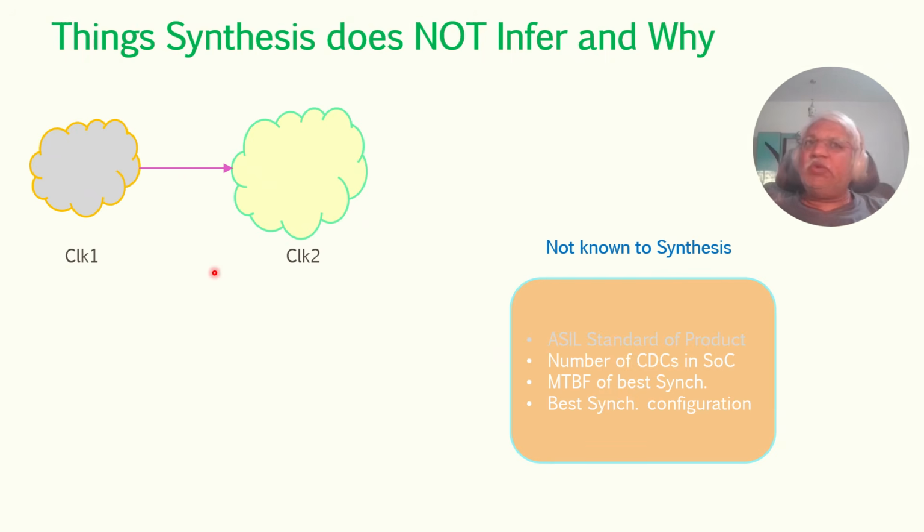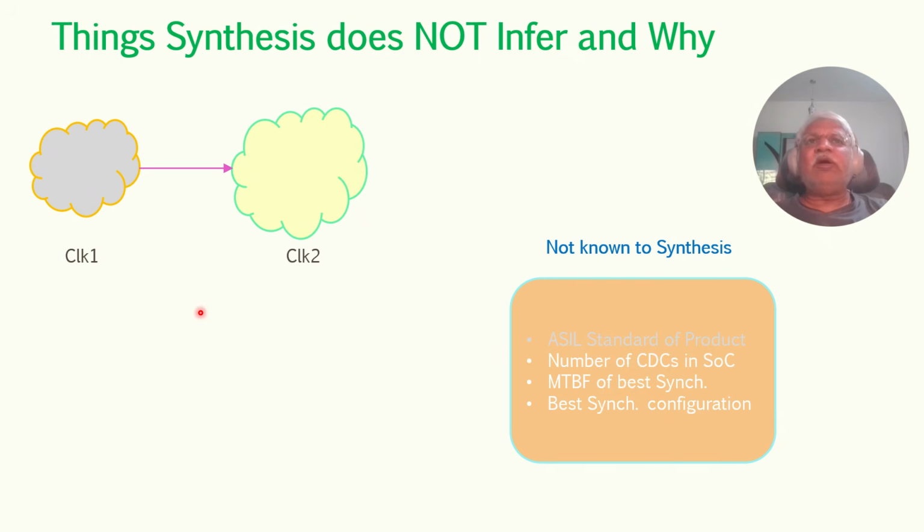Aside to that, it has to figure out whether the best case is a FIFO, or another type of configuration using a handshake mechanism, or Gray counters, or a flip-flop series synchronizer. There is a variety, even in flip-flops based on two or three flops.